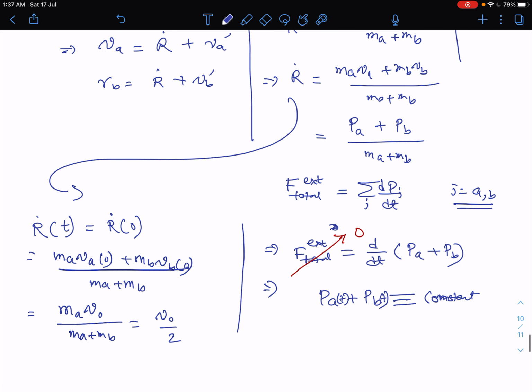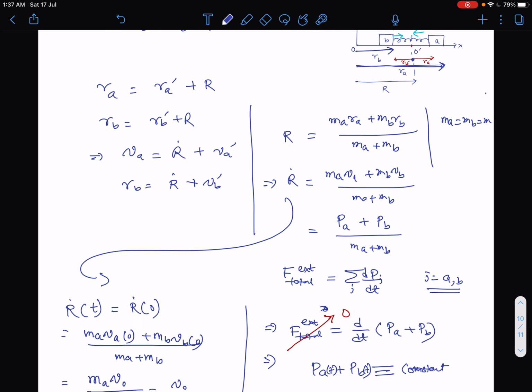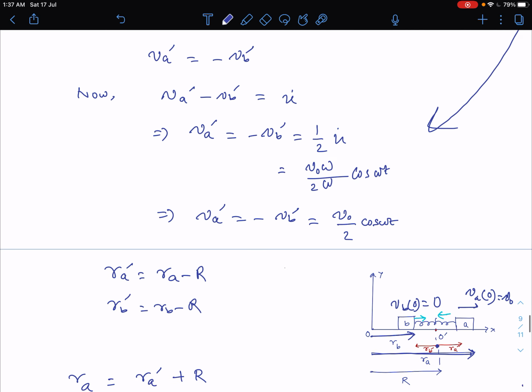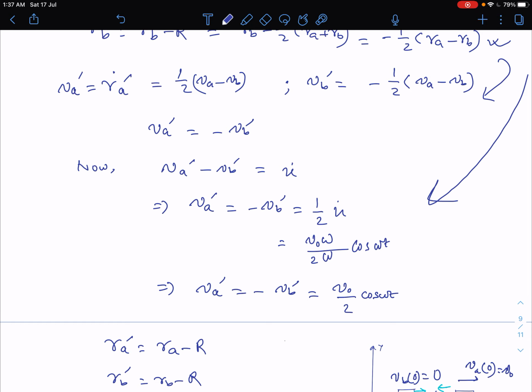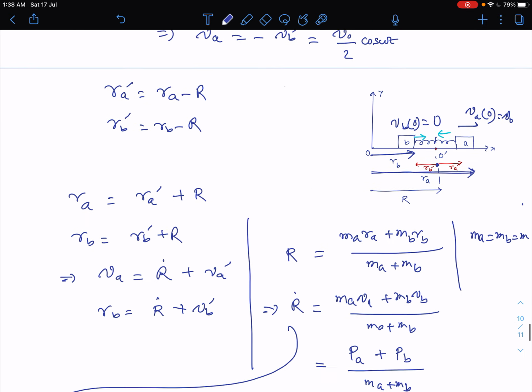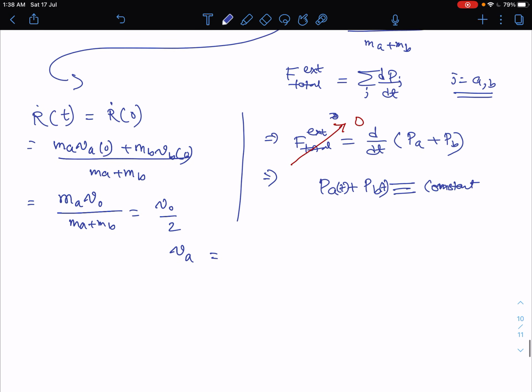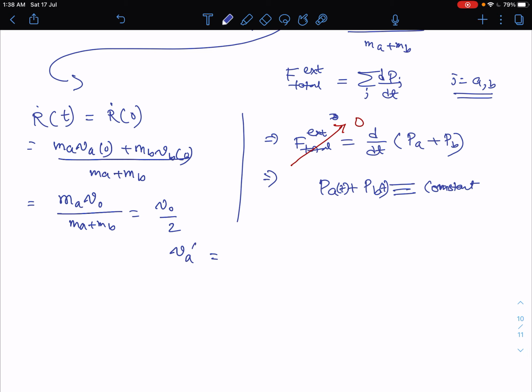So what is VA? For that we need to know VA prime. VA prime equals V naught by 2 cos omega t, and VB prime equals minus VA prime, which we have already proved. It is minus V naught by 2 cos omega t.